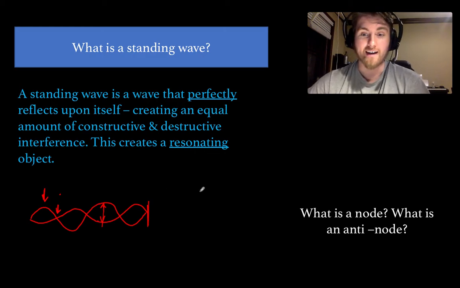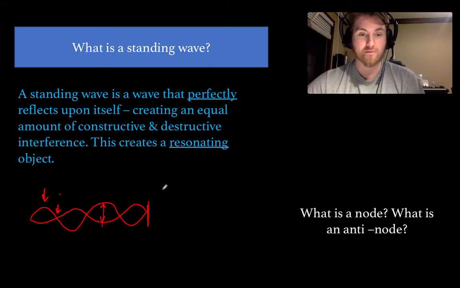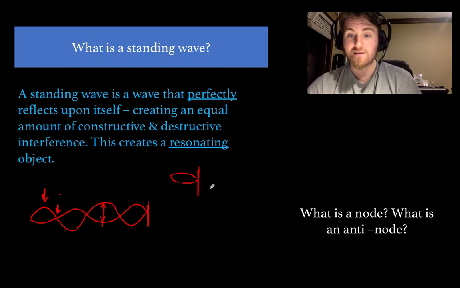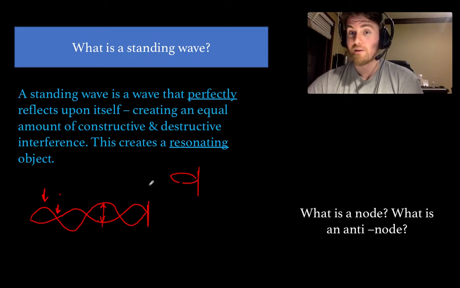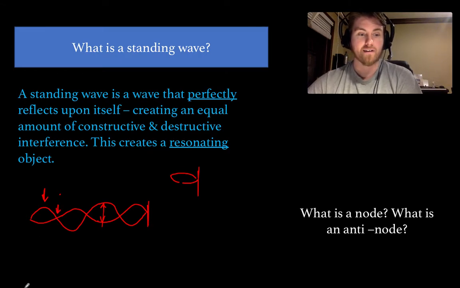So this is a standing wave, as horribly drawn as it is. The standing wave is literally just a wave that bounces off of some type of object, usually a closed end, and then reflects perfectly back upon itself. And it creates what is called a node and an antinode. So a node are the spots in which there is perfect destructive interference.